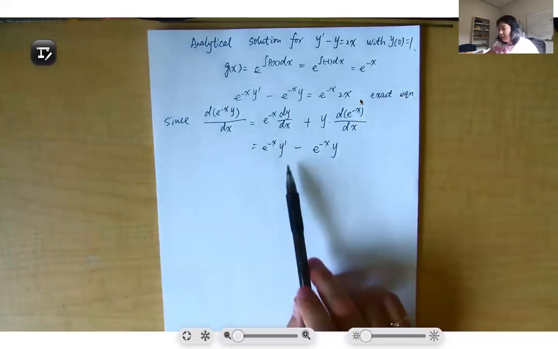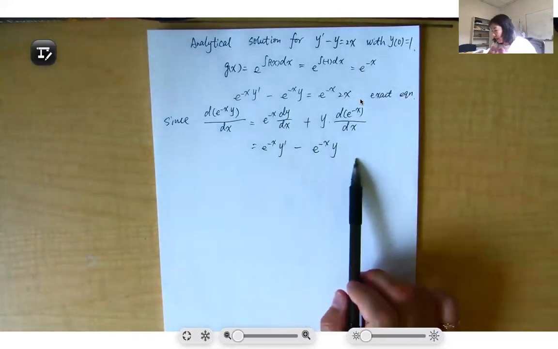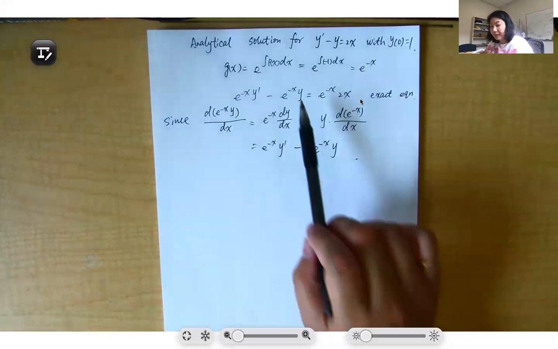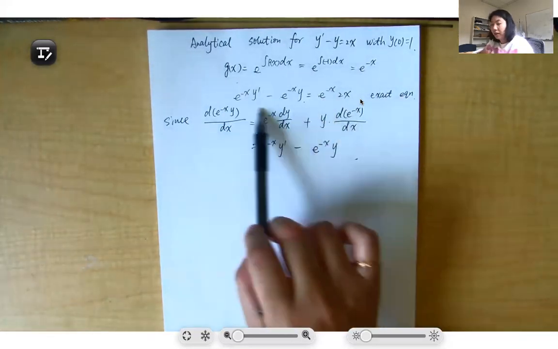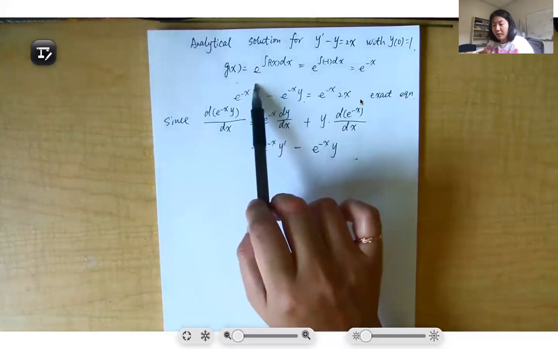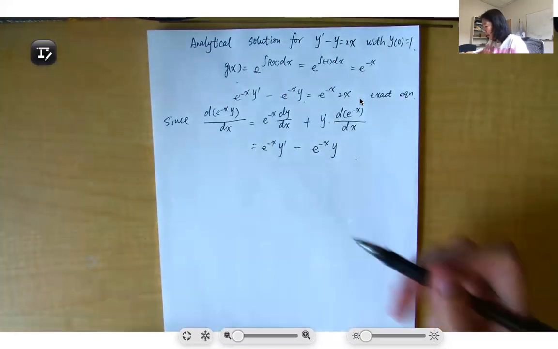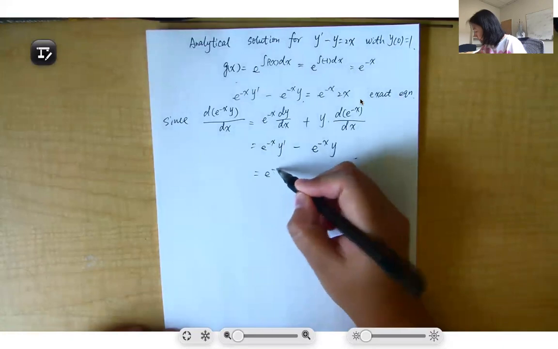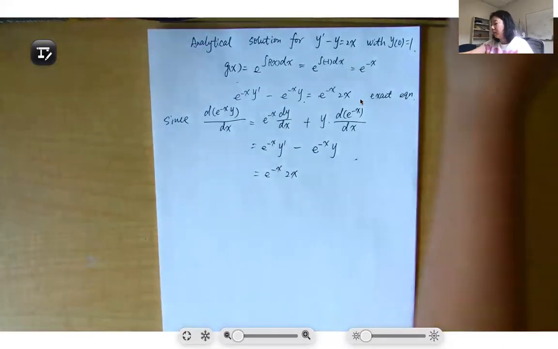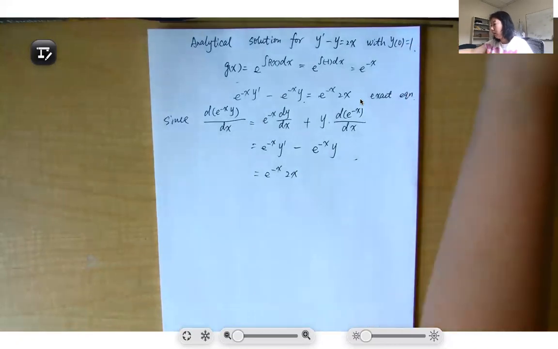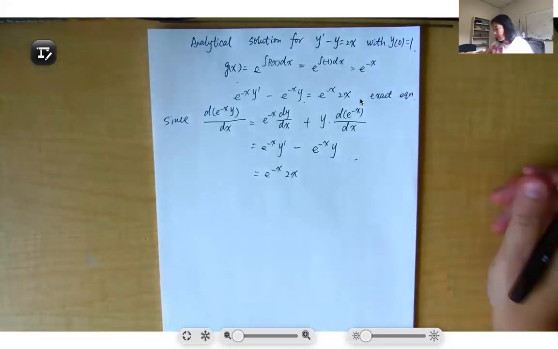And you see the right hand side is exactly equal to the left hand side of this first order linear ODE. So that is equal to e to the minus x 2x. Then we are trying to get our exact solution.